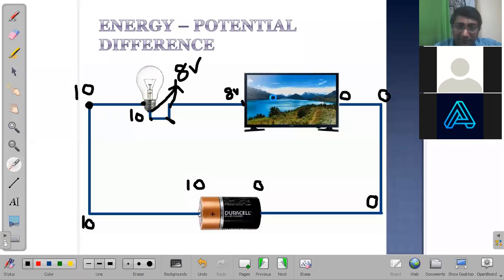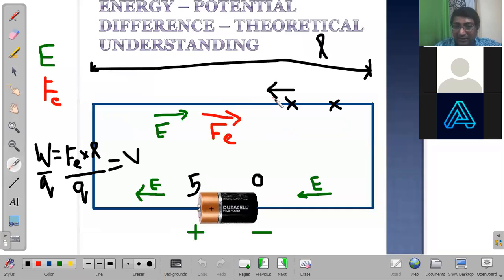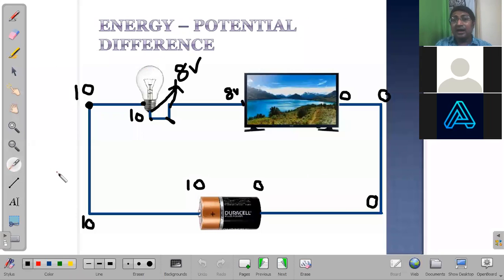But when you are asked in an exam or any of your slip tests, then you have to say it is the work done on a unit charge to move the charge from location A to location B. That's the theoretical way, and this is the practical way. So potential difference is kind of energy consumed. These electrical appliances are consuming energy. The difference between the energies at those extreme points is called potential difference.